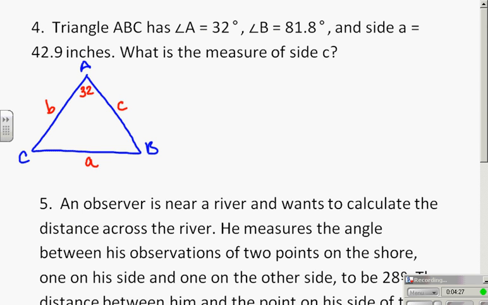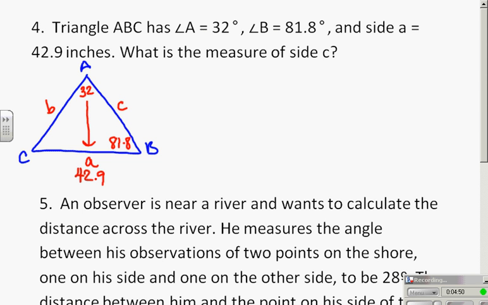So if big A is 32 and B is 81.8, I know that side a is right here at 42.9. And they want to know the measure of side c. Well, initially you might think you don't have enough information. I can't really set up law of sines.